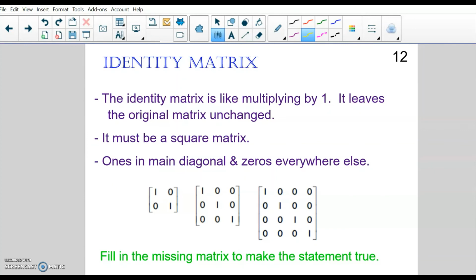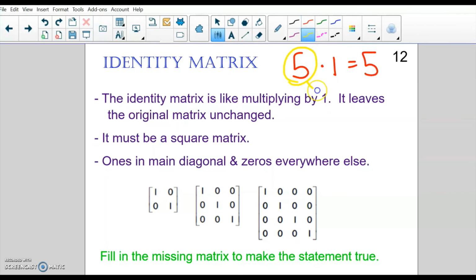Last topic in this video is using an identity matrix. Now, an identity matrix is like multiplying by 1. When you take a number and you multiply it by 1, you get the same number.